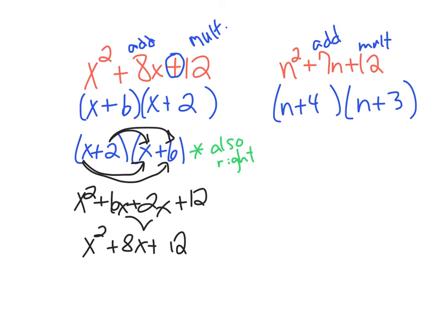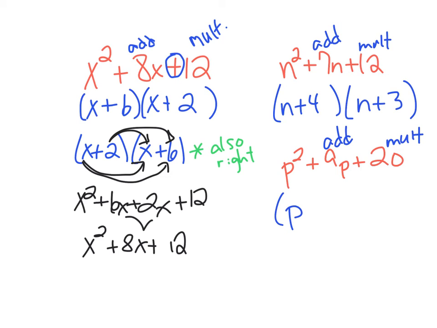Or remember the other way around, n plus 3 and then n plus 4. All right, another example would be if I had p squared plus 9p plus 20. So I need two numbers that multiply to give me 20, but add to give me 9. And those numbers would be 5 and 4.